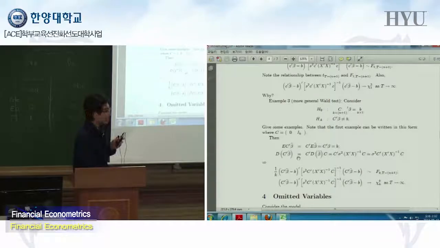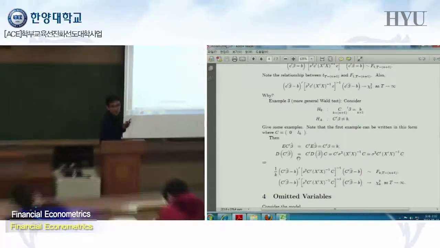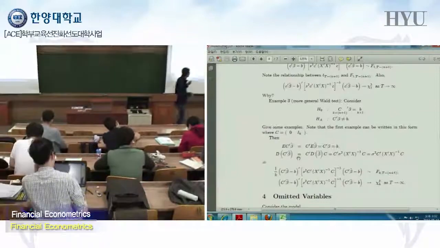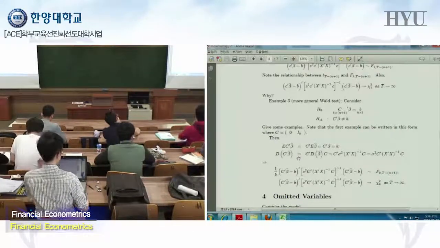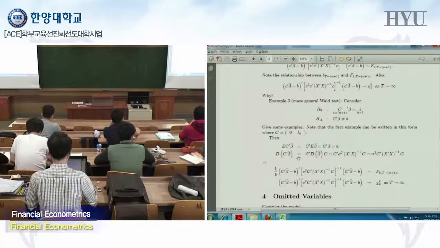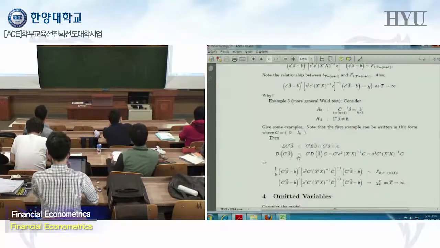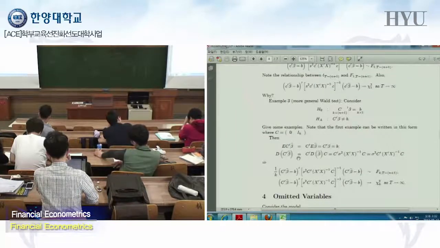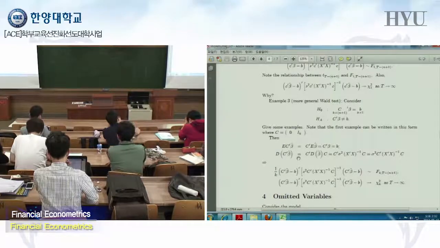Now we have the mean and variance, so we can construct the statistic. First, the F distribution. For the F distribution, we have to divide by the number of degrees of freedom, and now the degrees of freedom is k for the first one.